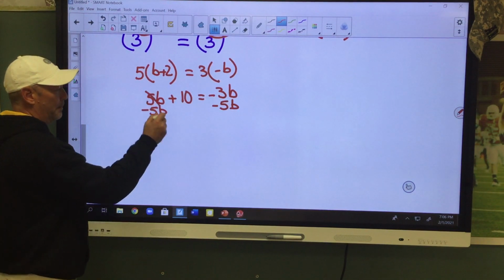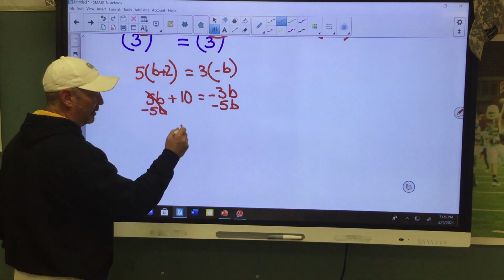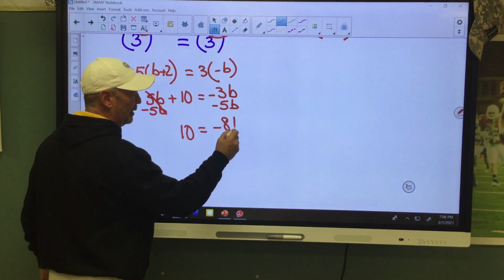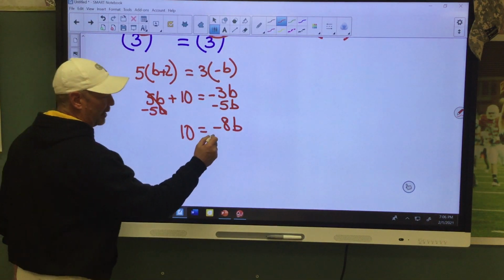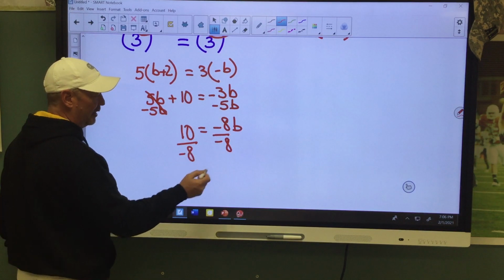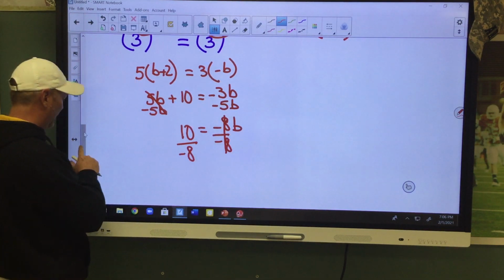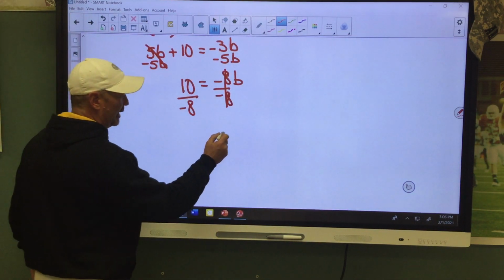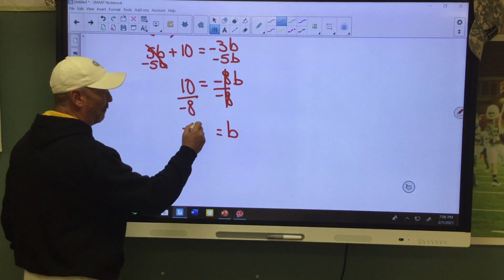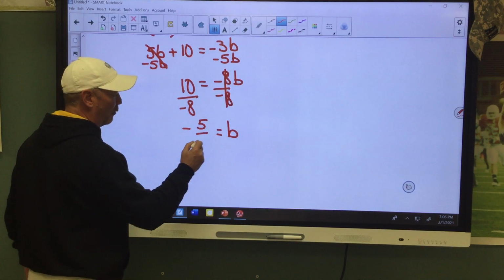This will cancel. 10 equals negative 8b. We divide by negative 8. We divide by negative 8. This cancels. And I reduce. And I get b equals negative 5 over 4.